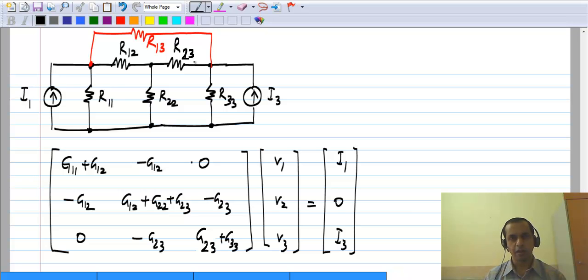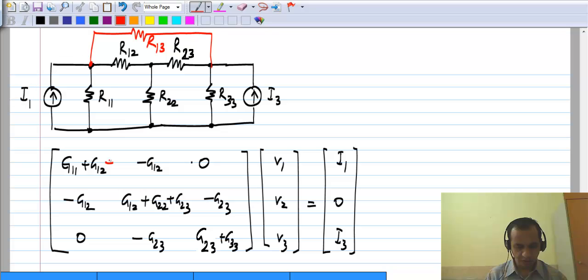Now when I add a conductance, obviously the total conductance at those nodes to which I add the conductance will change. In this case, nodes 1 and 3, that's where I added the conductance. So the diagonal elements corresponding to these nodes will change. We have node 1 here. Before, the total conductance was G11 plus G12.